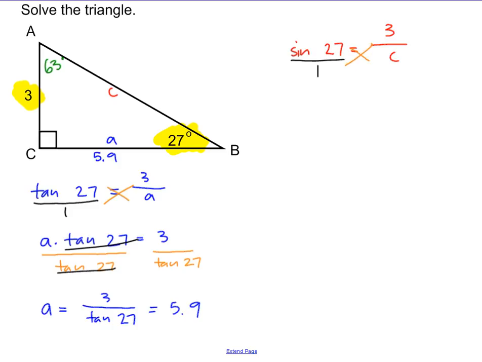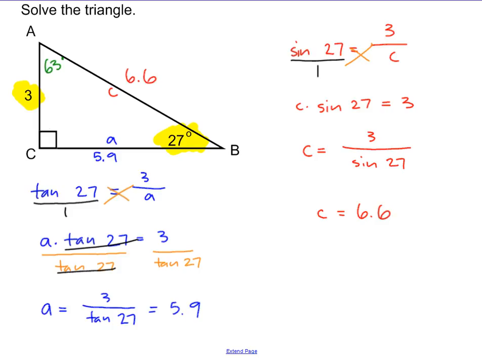So I have C times the sine of 27 equals 3 times 1. Then divide both sides by a sine of 27, and C is going to be 3 divided by the sine of 27. So I'm going to enter this into my calculator, and I get that C is 6.6. So my hypotenuse is going to be 6.6.